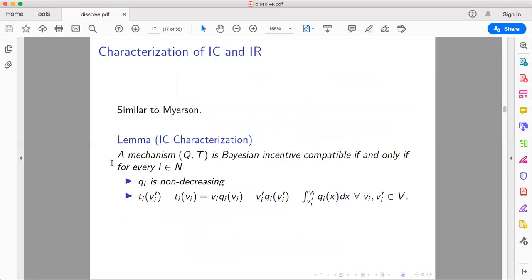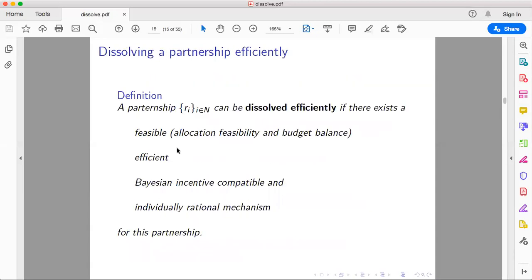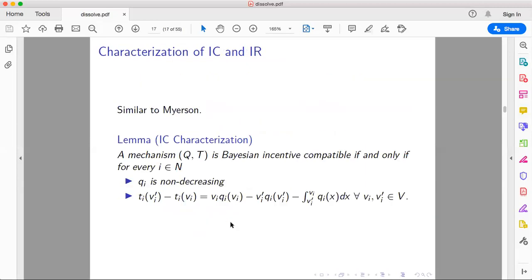So the tool that we are going to use for analyzing whether efficiency and budget balance is compatible with incentive compatibility and individual rationality is the Myerson toolkit. So we know what the characterization of incentive compatibility is. That's what this is: the interim allocation rule is non-decreasing, and this t_i satisfies a revenue equivalence formula.